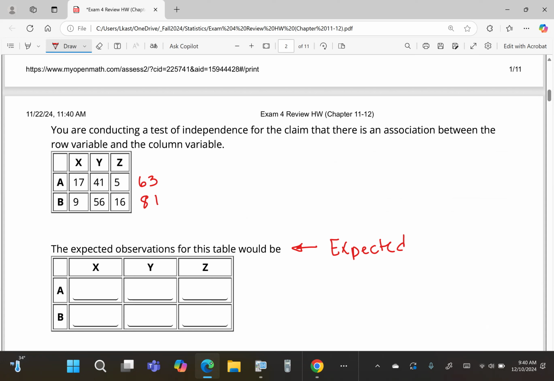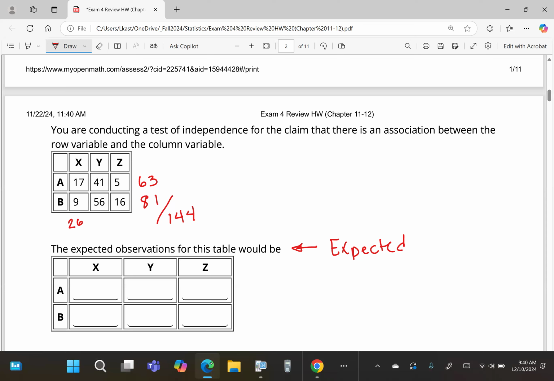Okay, and then we're going to get a total, which is what, 144? Now, what should be true is that the column totals, when I add those together, I should get 144, correct? Row totals and column totals should equal the same total. So is this 26? Can I add?